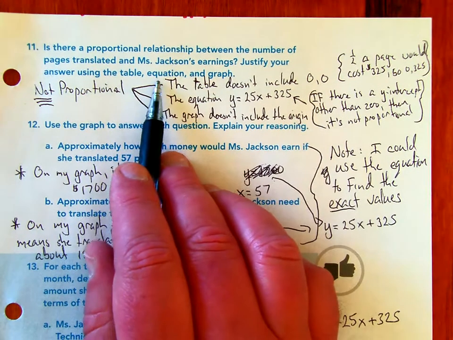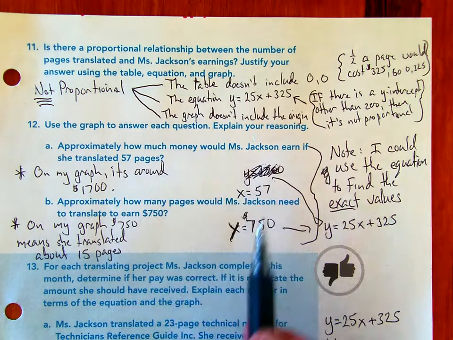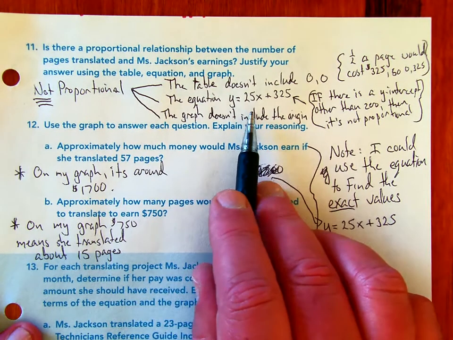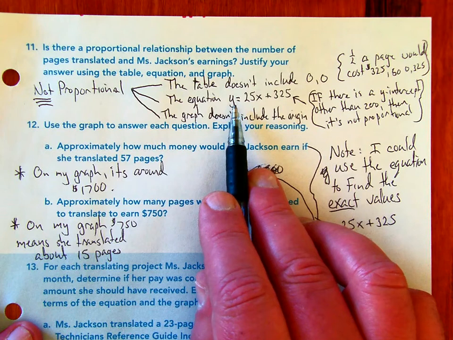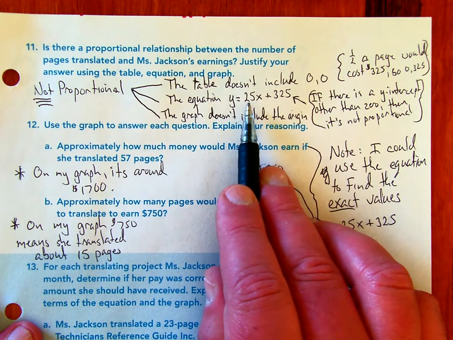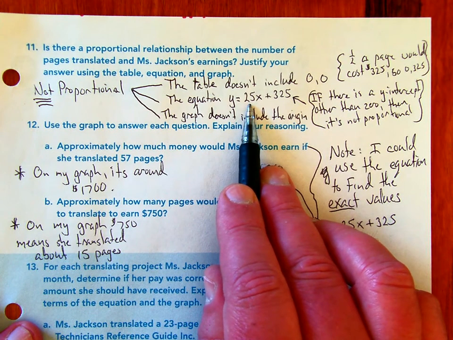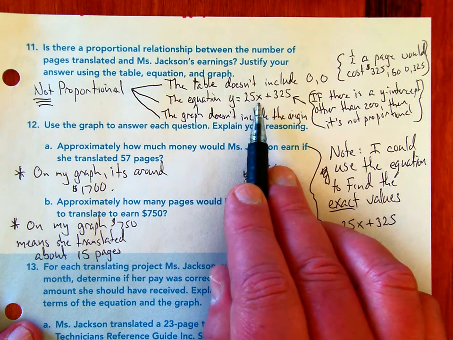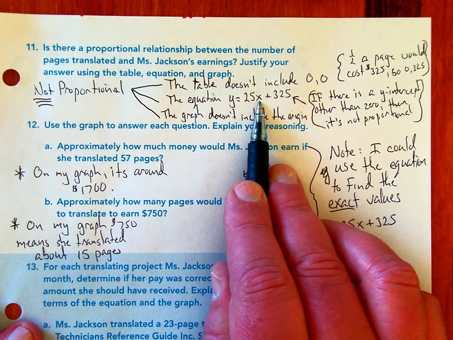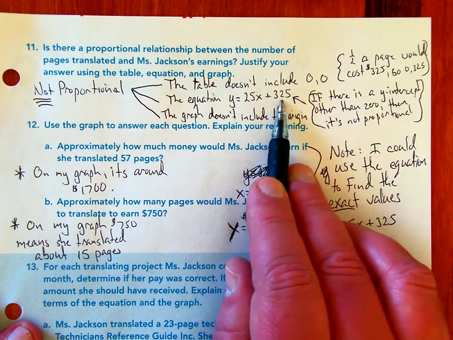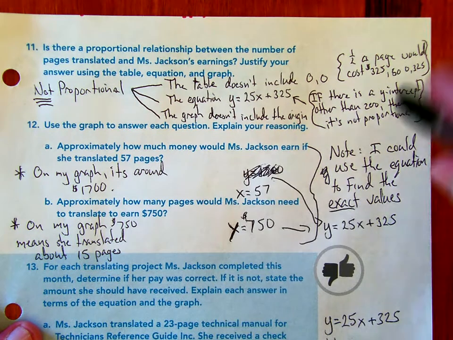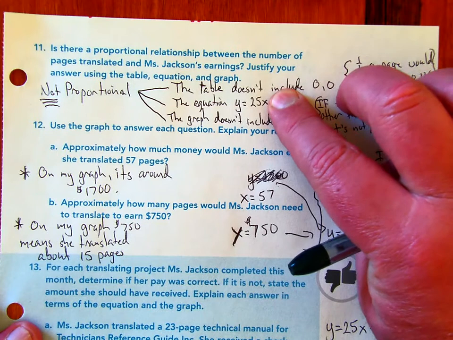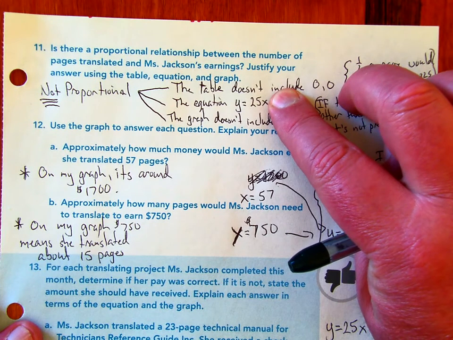It asks us to verify it with an equation. With an equation, again, the equation of a line is y equals the slope, in this case 25, that's the rate of change, times the input, that's the number of pages. If it was just y equals 25x, that would be a proportional relationship.